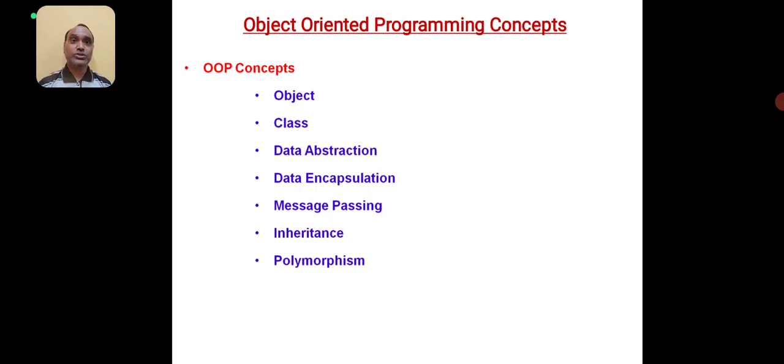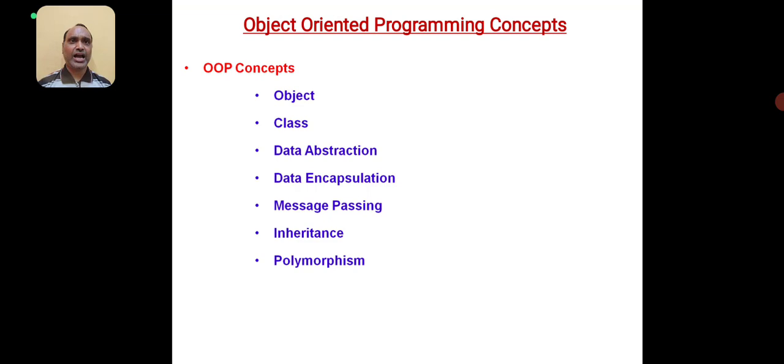What are those concepts? In an object-oriented programming language, you should have an object and a class. The data abstraction principle must be used. The data encapsulation principle should be used. Message passing will be there. Inheritance will be used, as it is supported by the object-oriented programming language. It also supports the polymorphism principle.